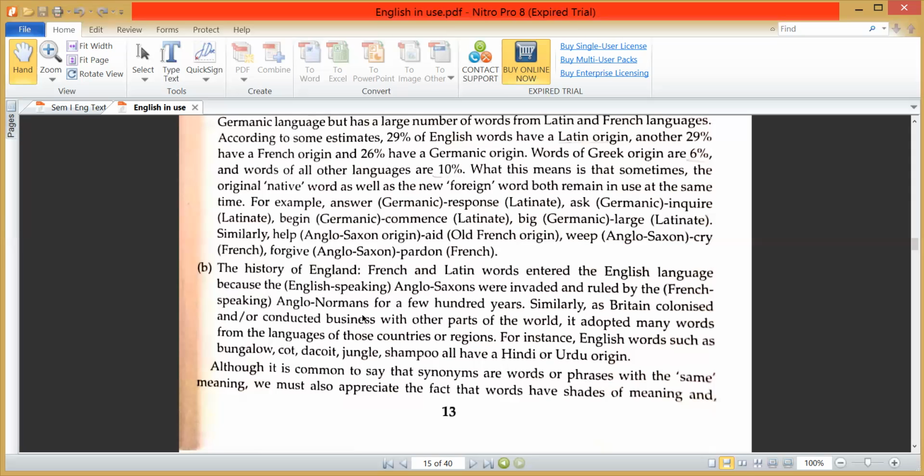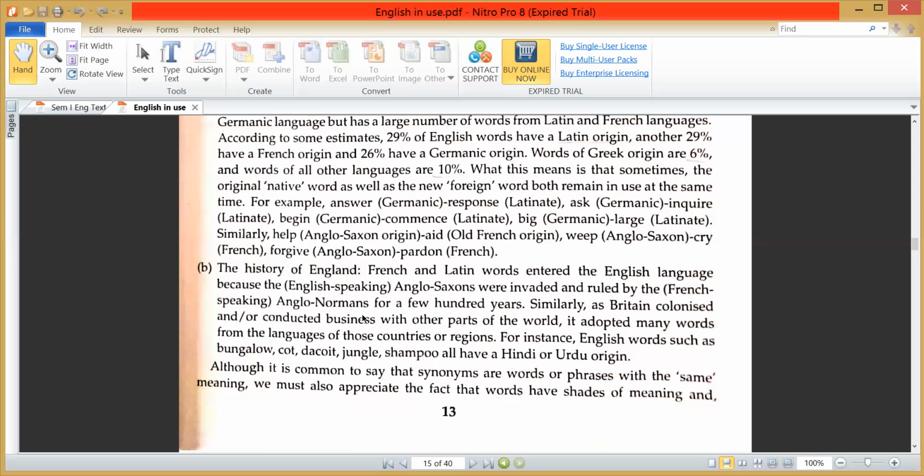So in this way, just as the Anglo-Saxons or the English speakers were ruled by the French people and could borrow some words from French, Latin and also German, in a similar manner these English-speaking people, when they came down to India and went around to different parts of the world, borrowed words from those languages into English and started using them.